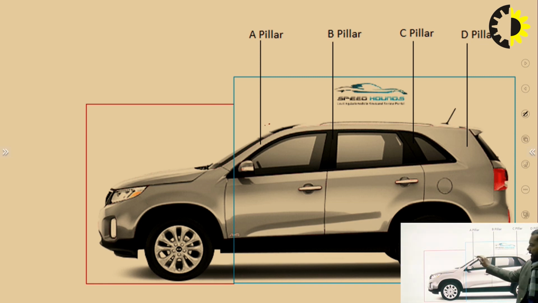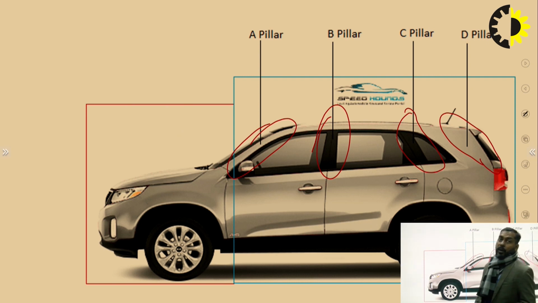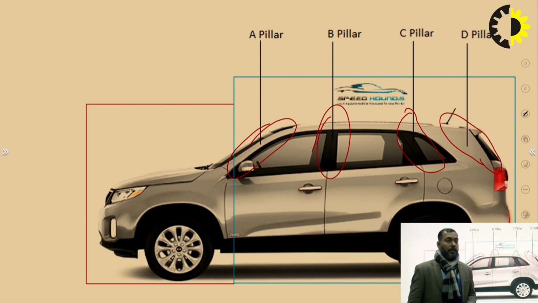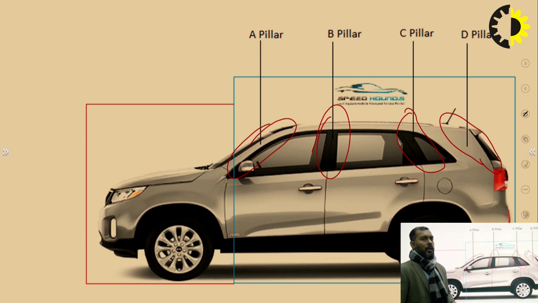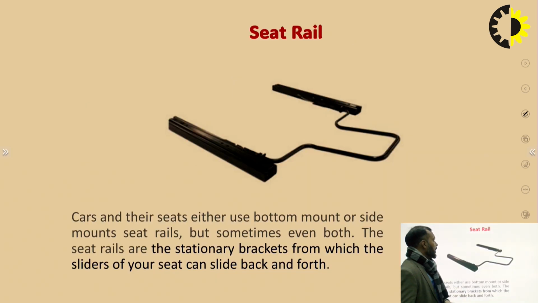The first pillar is the front one, the A pillar. Then the second one is the B pillar. Third is the C pillar. And the rearmost one is known as the T pillar. So it depends upon the car, which car you are using, or what the length of the car is. Basically, it also gives strength to the upper structure of the car.